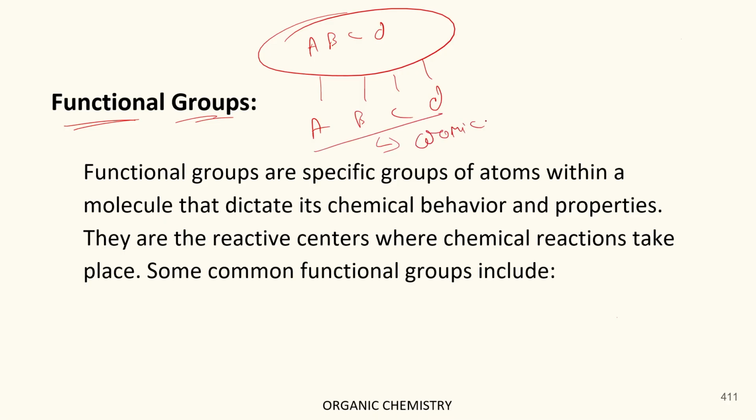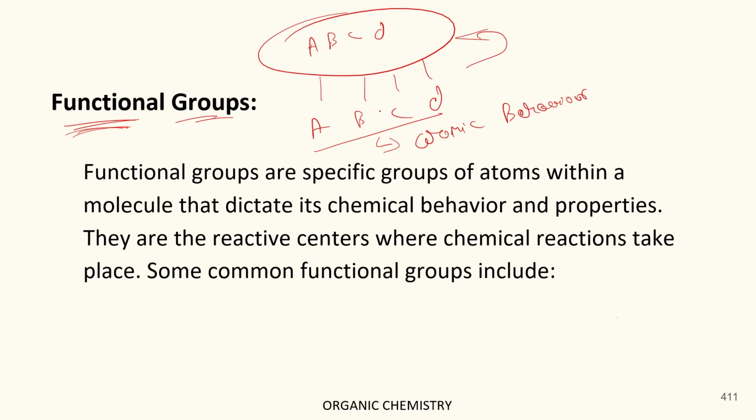So basically, the behavior of these atoms will define the behavior of this molecule. So the atomic or chemical behavior of these atoms will define the property and the chemical behavior of the molecule. Got it? And so that's why these are the functional groups.